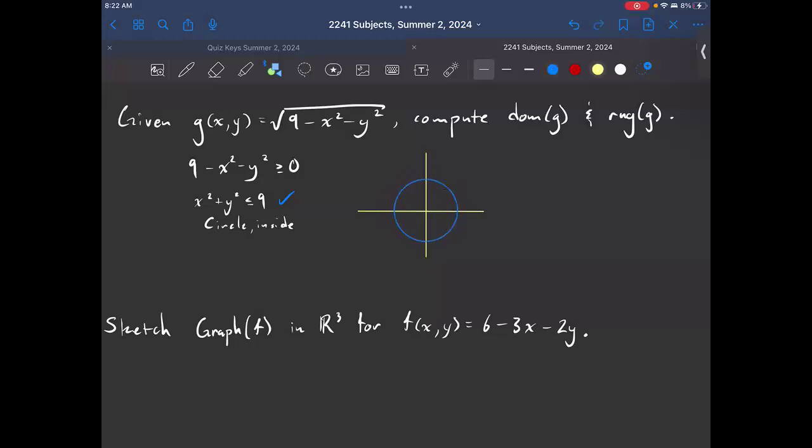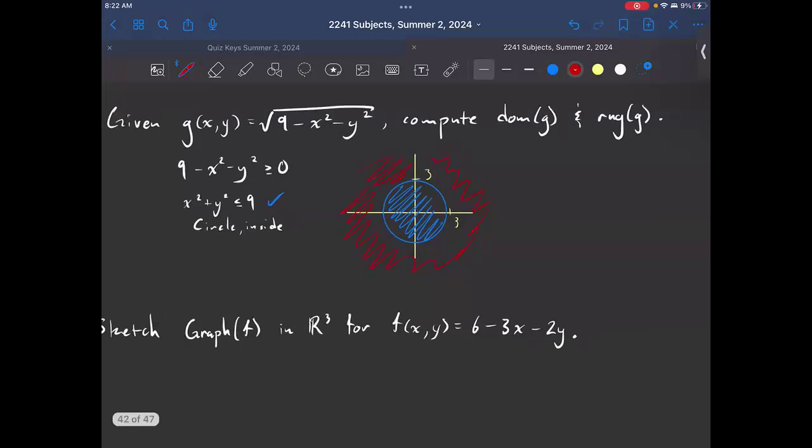Say, all right, this is radius 3. Then all of my domain values are inside of the circle, inside and on the circle. So all of that's okay. All of this is bad. Can't plug in anything outside of the circle into this function.